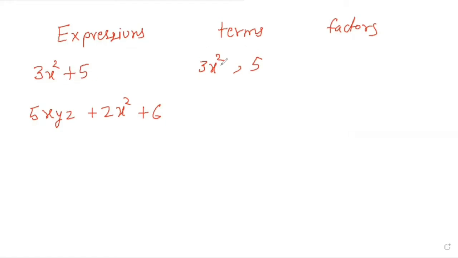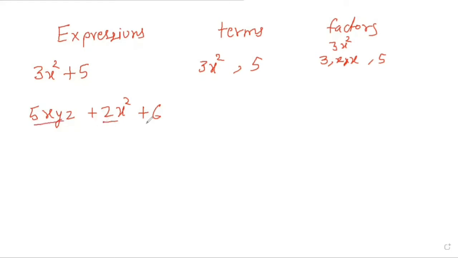And if I have to talk of the factors of 3x square, what do I multiply? 3 into x, I get the factors of 3x square. So factors of 3x square are 3 and x, and factors of 5 are 5 and 1, which can be written as 5. So the factors of this expression, 3x square plus 5, are 3, x and 5.